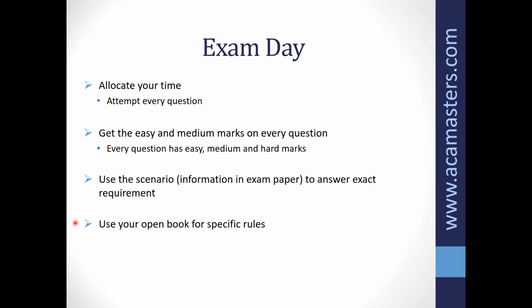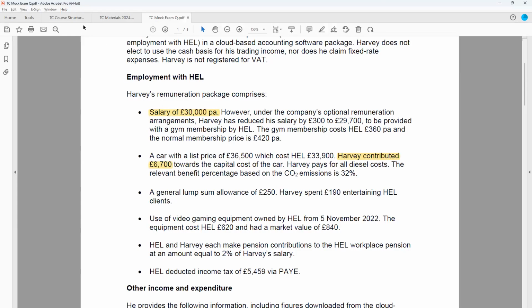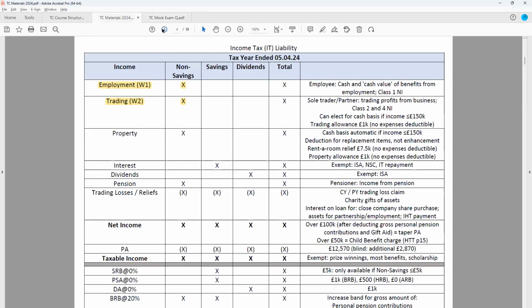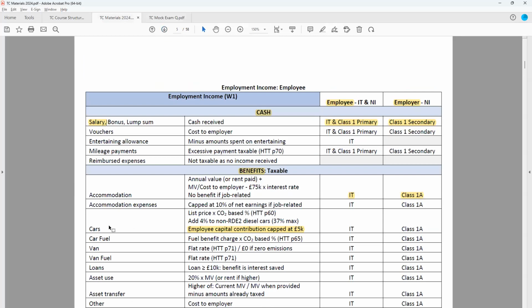And then use your open book for specific rules or specific areas. So as I said, there's a lot of content that you need to learn for TCE, but there is a lot of useful information in the open book, for example, like the car thresholds, they're obviously included in the open book. Like the residency tests for the international aspects, you're not going to need to memorize those.